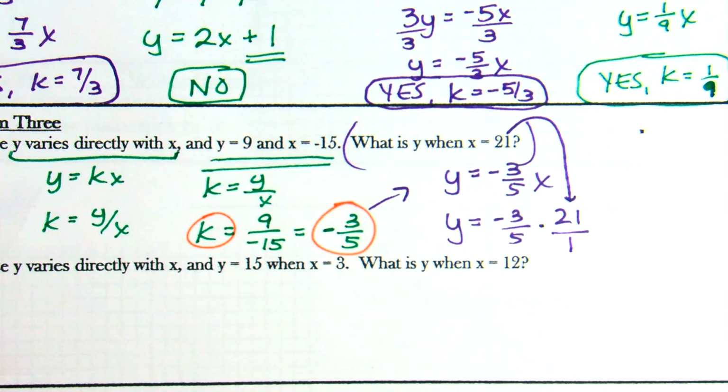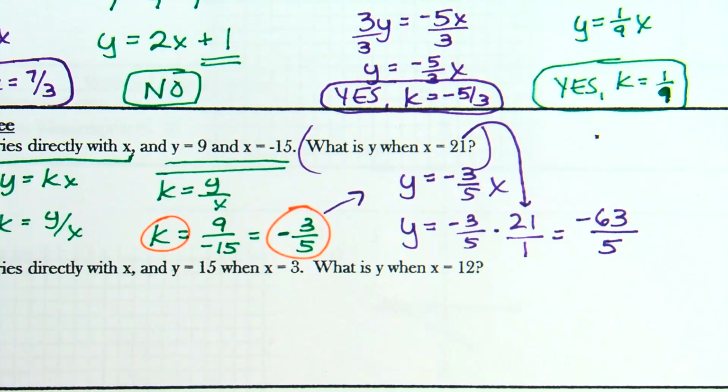I like to check cross-canceling. 5 and 21 don't cross-cancel, so I'm going to multiply. Negative 3 times 21 is negative 63. 5 times 1 is 5. I personally am fine with an answer of negative 63/5. It doesn't reduce. If it reduced, we'd want to reduce.